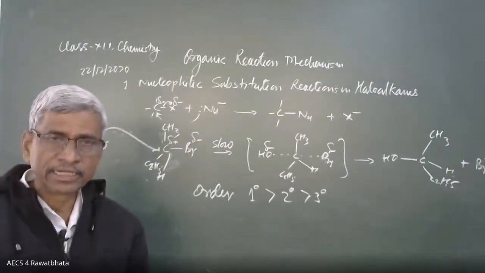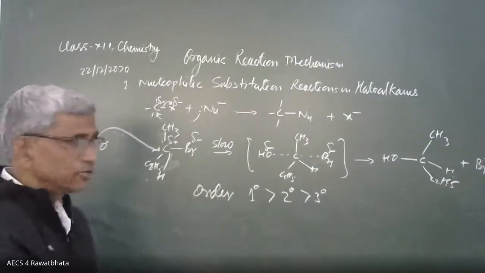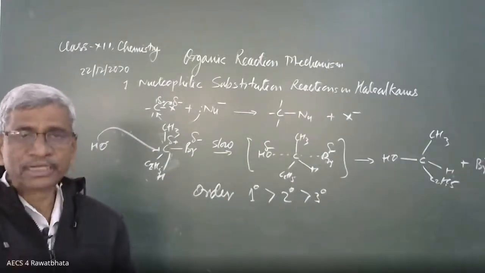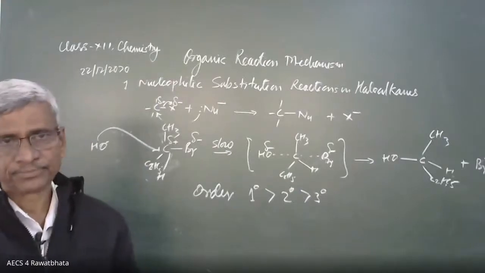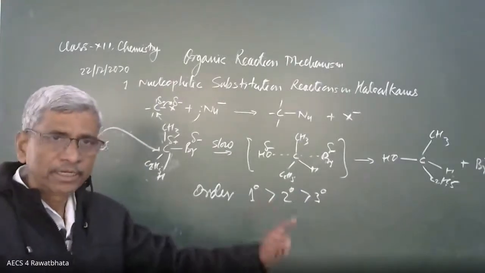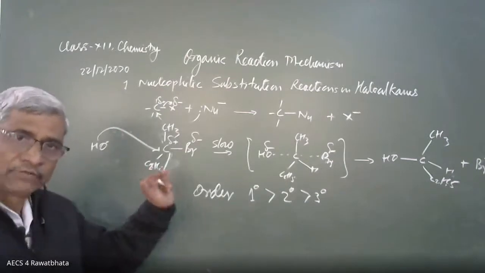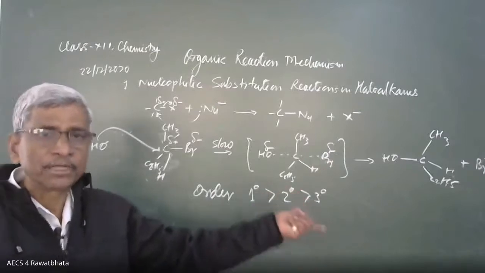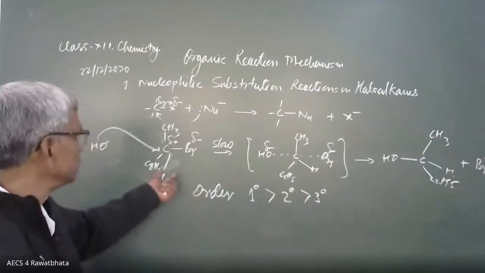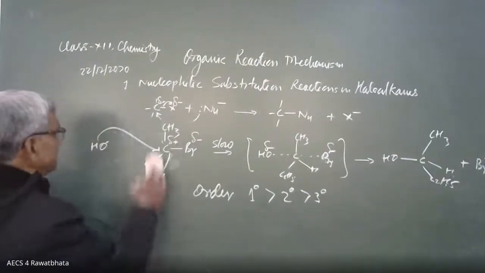A 1 degree haloalkane gives a better product by the SN2 mechanism, while a 2 degree haloalkane gives a mixture of two different alcohols. One alcohol, with optical rotation similar to the haloalkane, follows the SN1 mechanism, and in another alcohol, inversion takes place and its optical rotation will be opposite to this haloalkane. So that is the condition here in SN2.